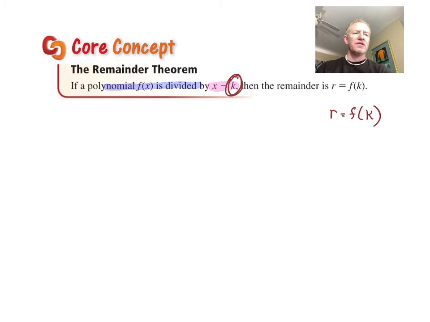In this case it was x minus k. So if we did synthetic division, or we could do long division as well, but long division we've seen takes forever, just as long as it would to substitute in. So if I do synthetic with x minus k, it tells me what the f of k is. It evaluates the function for me.